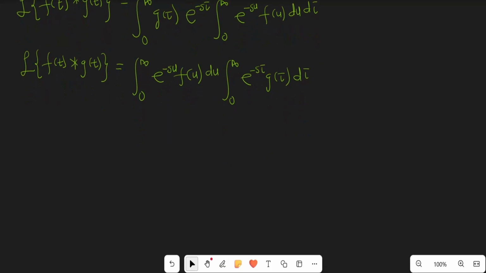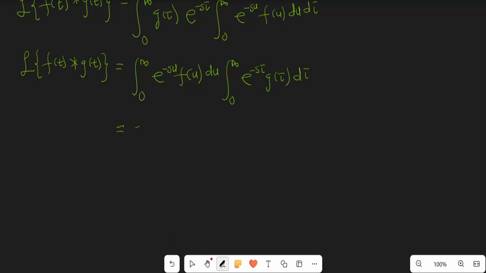Okay, cool. So now looking at the definition of the Laplace transform, what is this one? The first one is the Laplace transform of the function f of u, and the second one is the Laplace transform of the function g of tau. The Laplace variable here is equal to s, right?